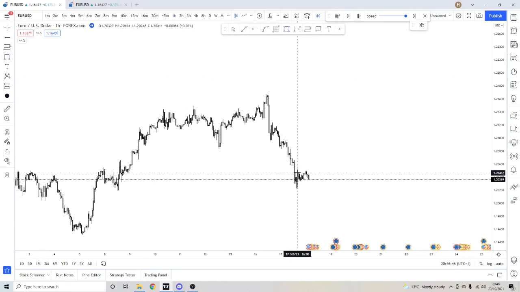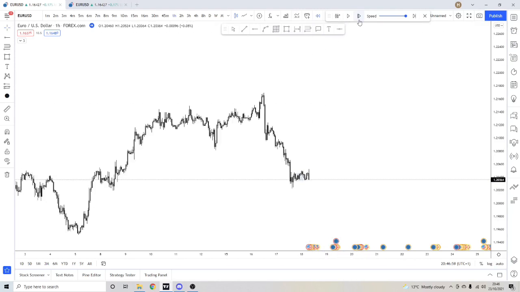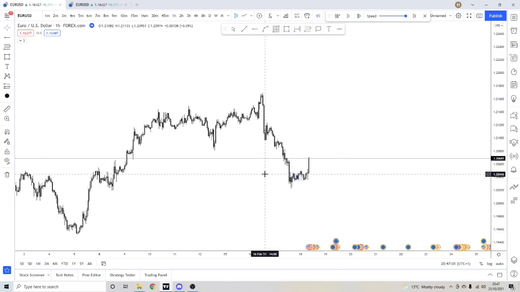First we can mark this range. So this is our range here. Price initiates out of the range, comes back into the range, and creates this new range here where price has now taken the high of that and initiated higher.